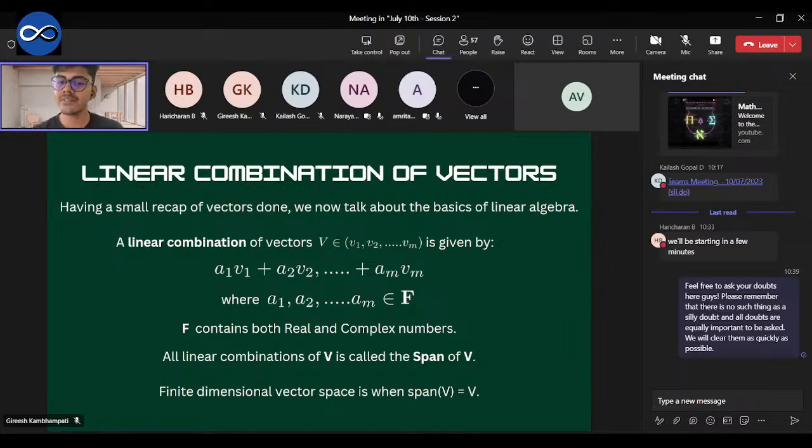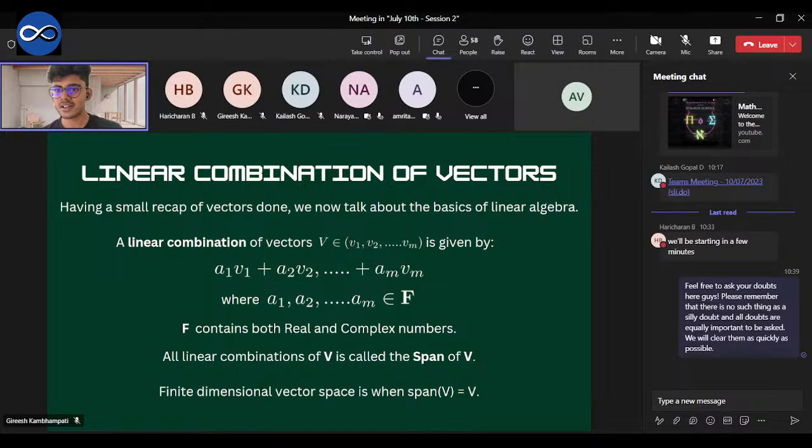So let's say a1, a2, a3, so on till am are some constants. Now here you would see something interesting. They belong to F. Now what really is F? I'll give a small description of what F is. F is nothing but a field. It's called a field in mathematics.